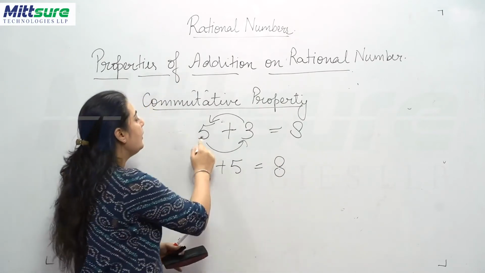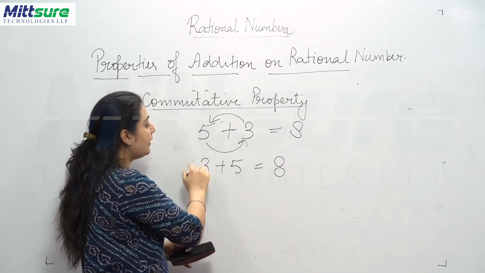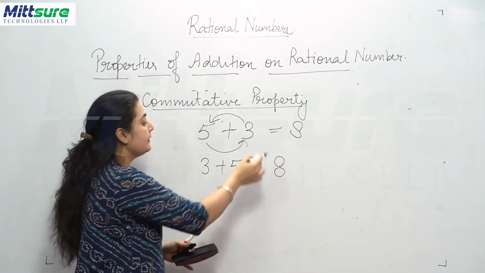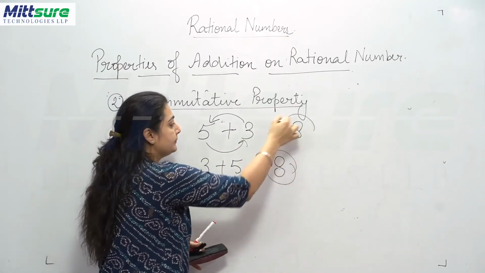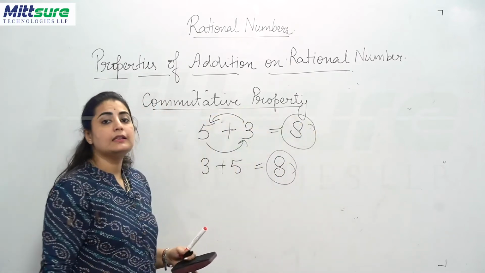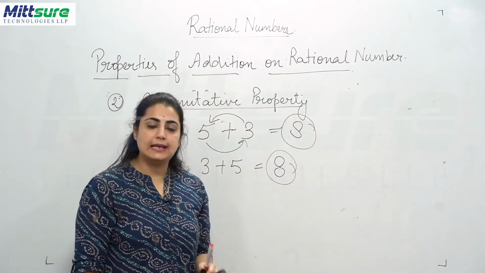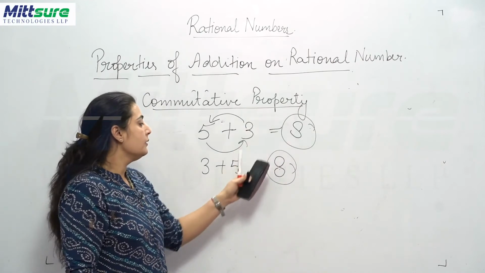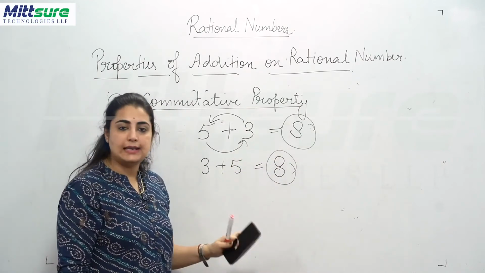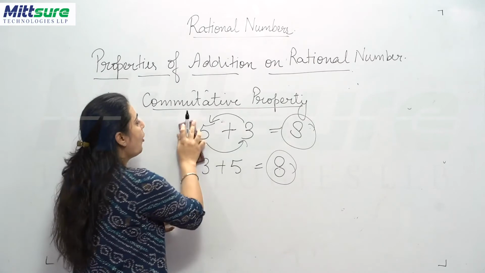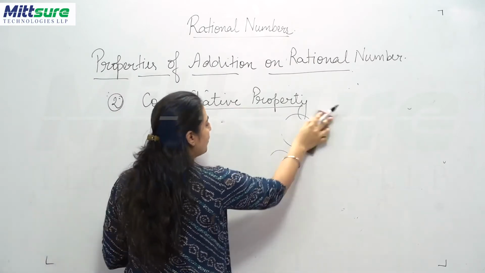That means on the rearrangement of the two numbers, there is no difference in the sum. The sum which we are getting is the same, right? So this is what the commutative property talks about.